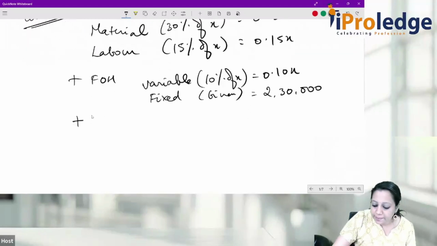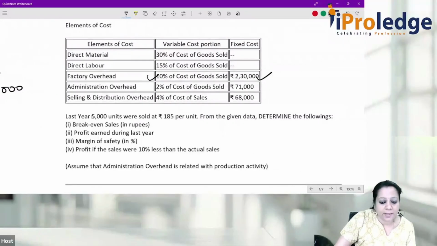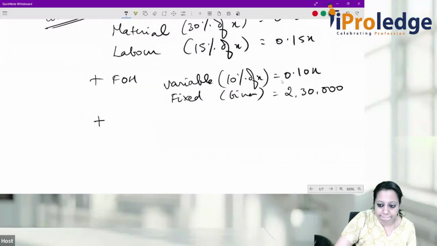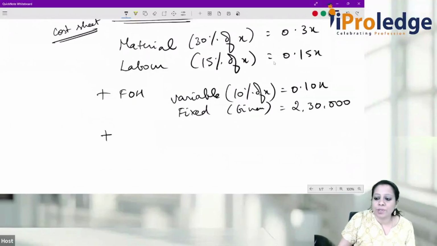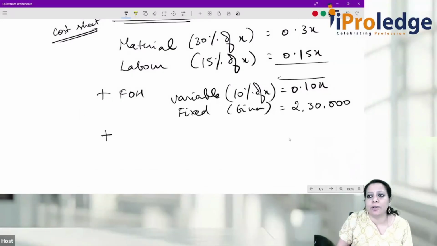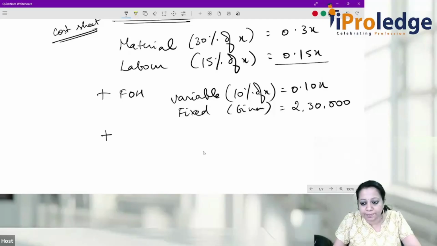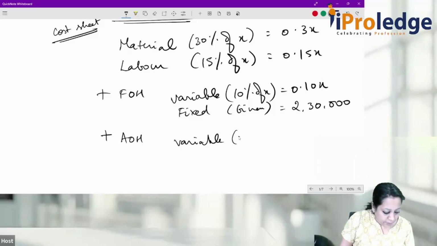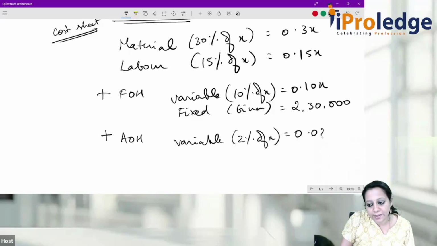Next, what is given? AOH. Just for your understanding, I'm showing AOH. Of course, you can do prime cost here and all that, but I'm not doing it because it is not required for this problem. AOH variable is 2 percent of X, that is 0.02X.